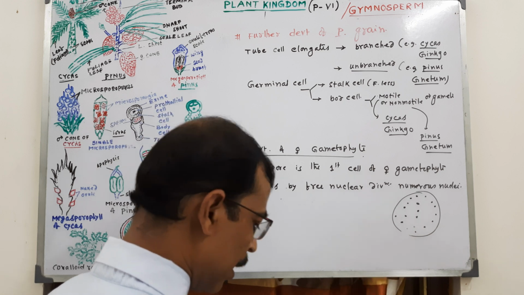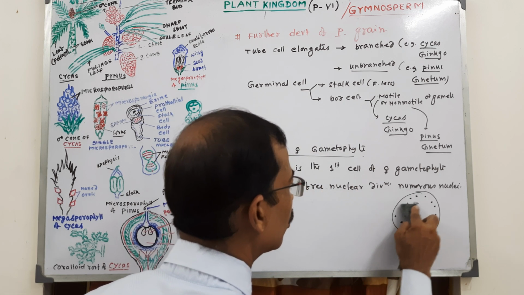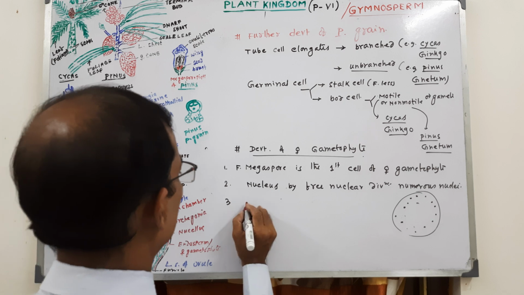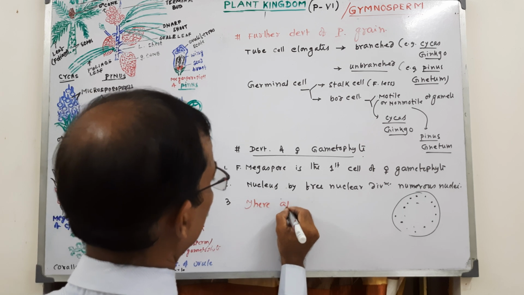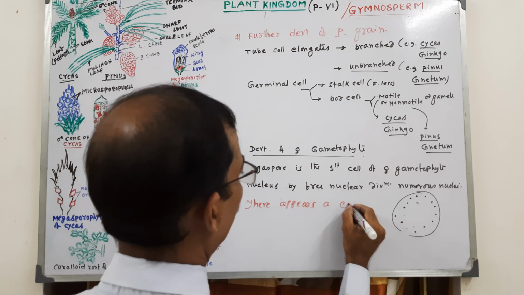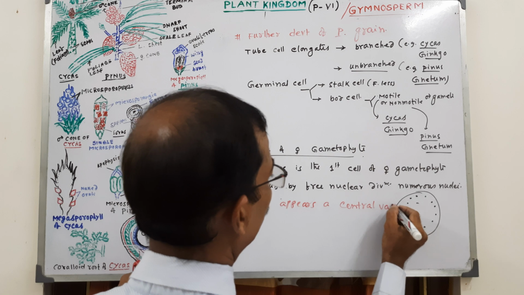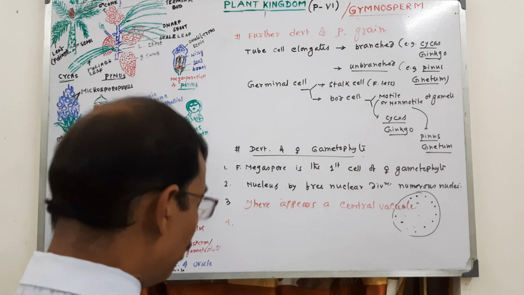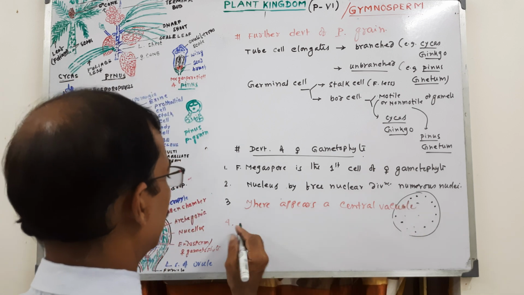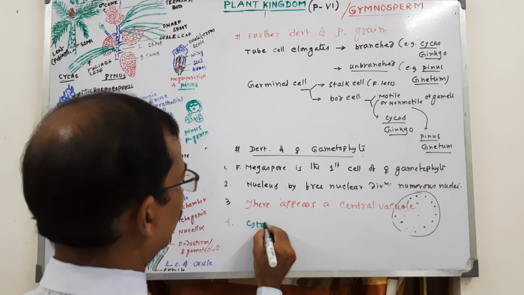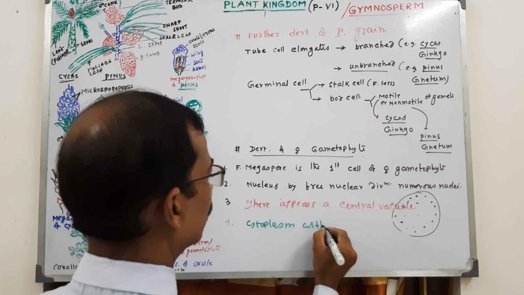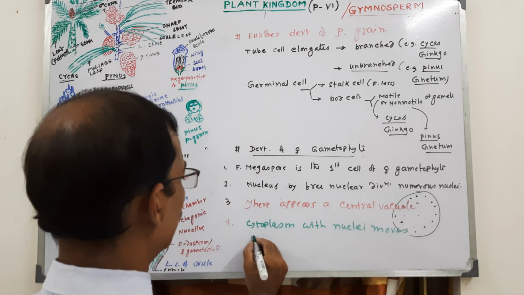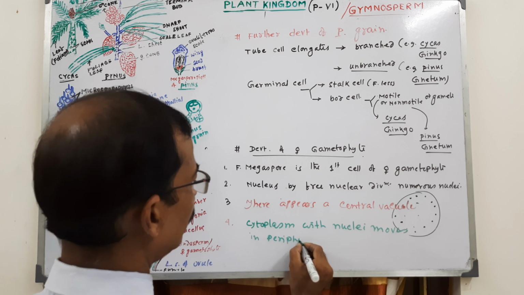Suddenly a central vacuole appears. Next, the cytoplasm with nuclei moves to the periphery.